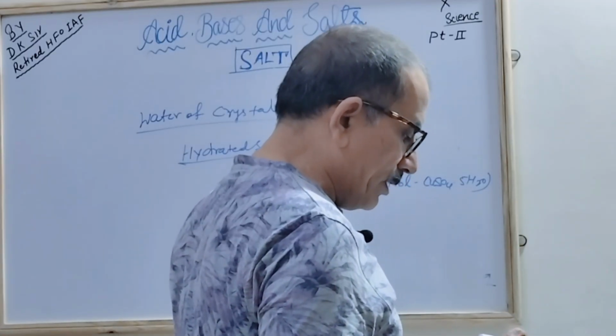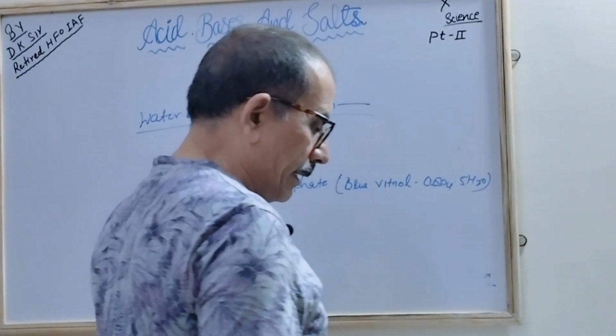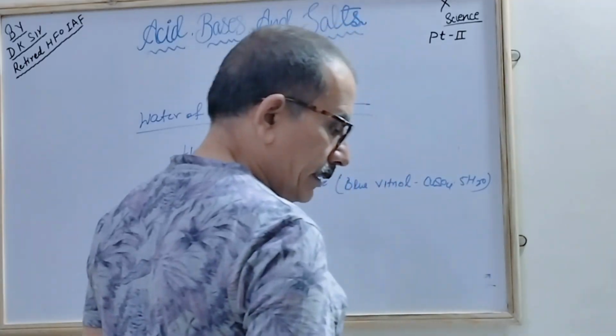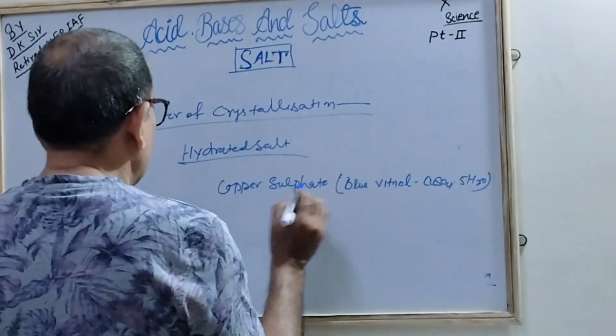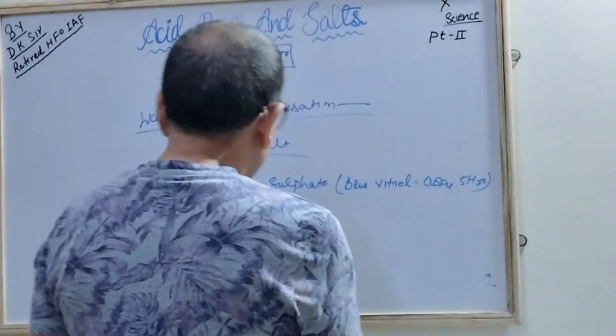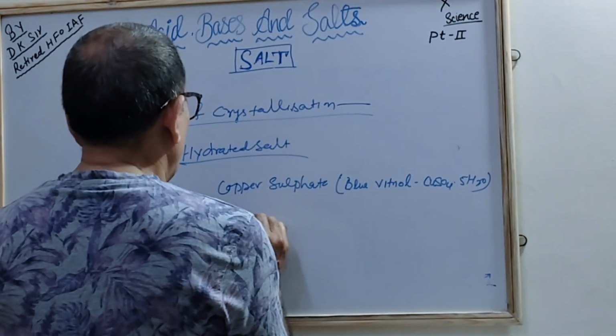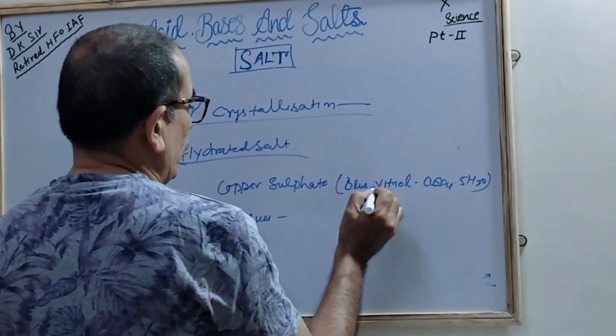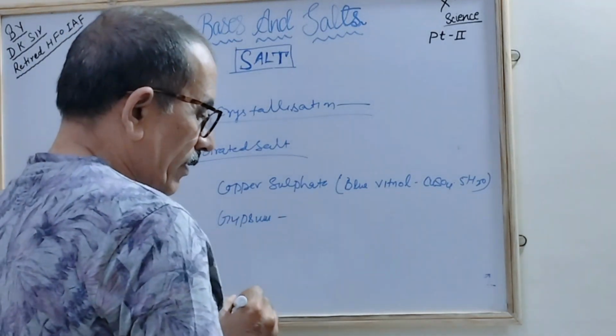So that is a salt which possesses water of crystallization. Let us see the other salt which possesses water of crystallization. That is gypsum. Gypsum is also one where water in the form of a solid is found.